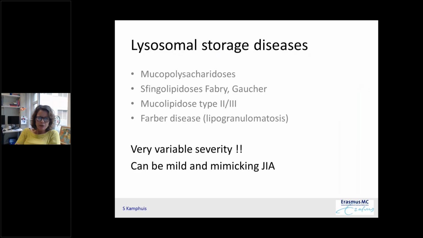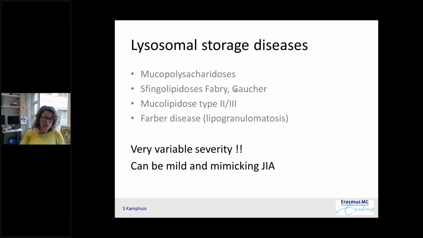So yes, the subject of this talk are just the lysosomal storage diseases. And that's because these, as I said, present mostly with mild phenotypes that actually may resemble JRA. There are 4 subtypes: mucopolysaccharidosis, Gaucher or Fabry, then the mucolipidosis as this patient had, and there's another disease called Farber disease. If you look at all 4 of them, the severity is very variable.